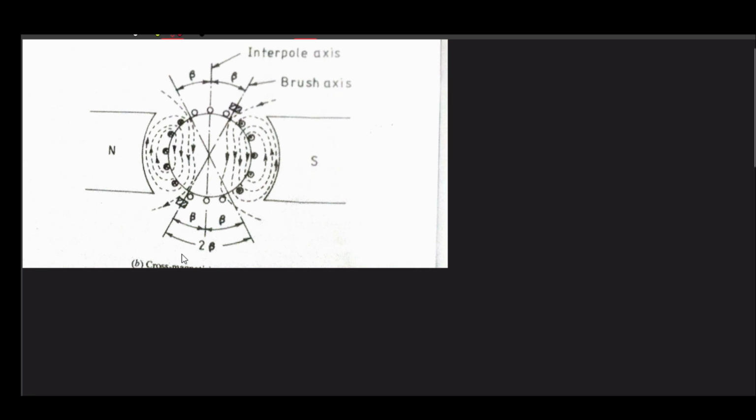Like if your main field is from north to south in this way, these conductors are producing a field in this way, right? So this is why they call it the cross magnetic field. So what is the amount of cross magnetic field?